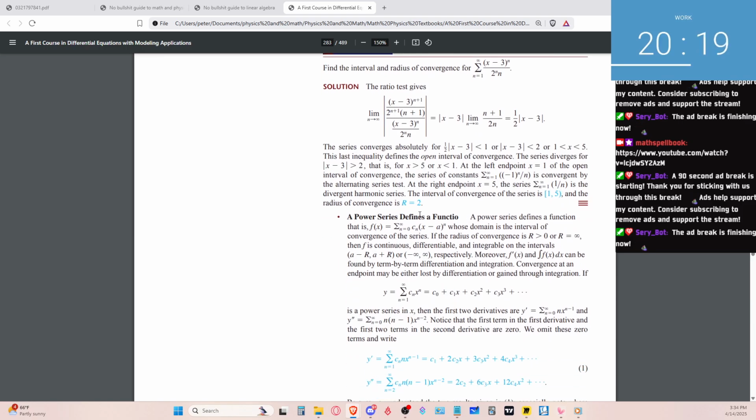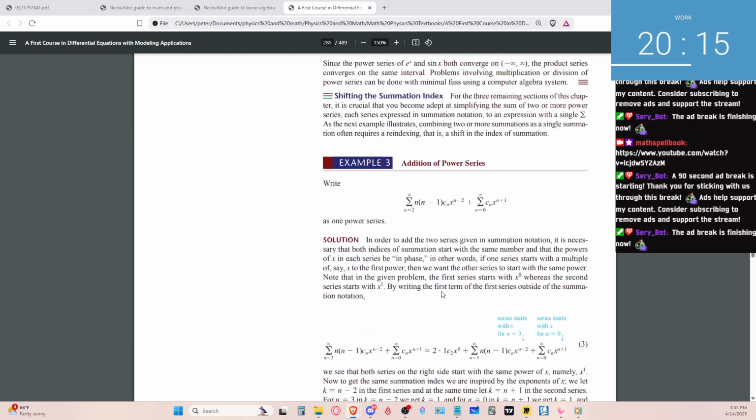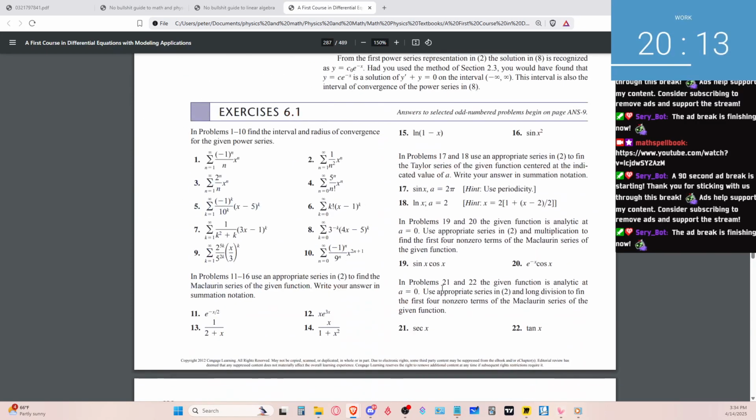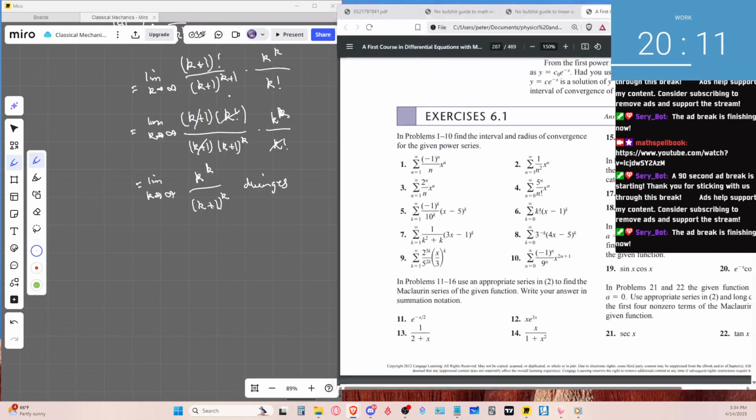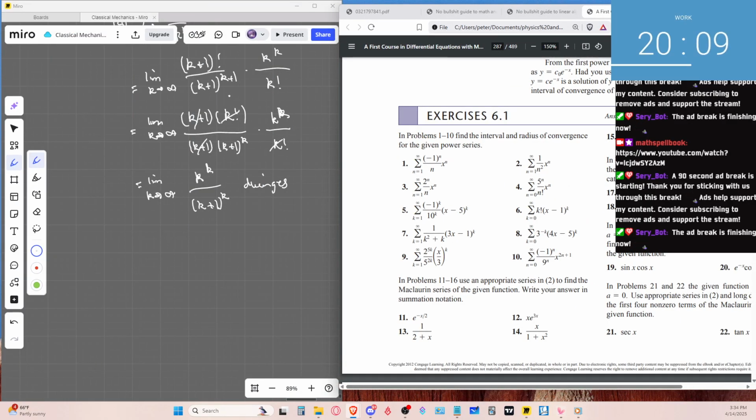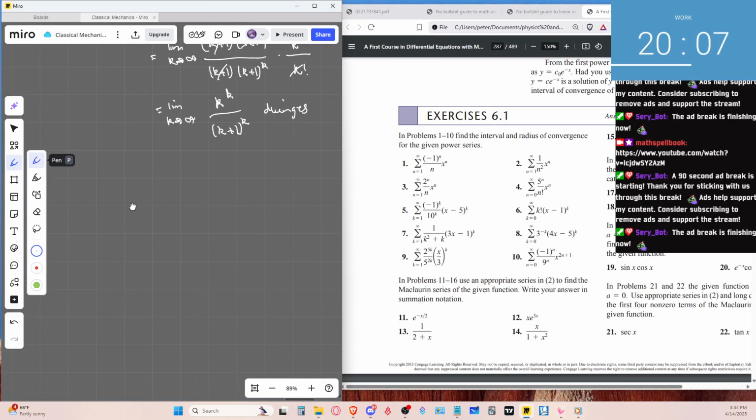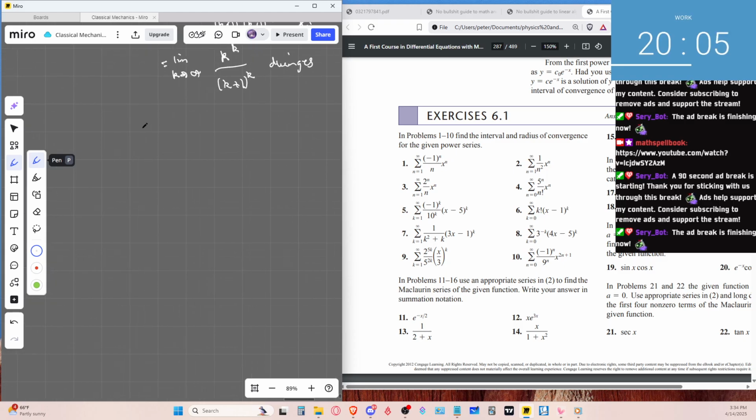Let's see, power series defines a function. So let's see if we can try this. Okay, so number 1. So I think we're going to be ending up with the alternating series.